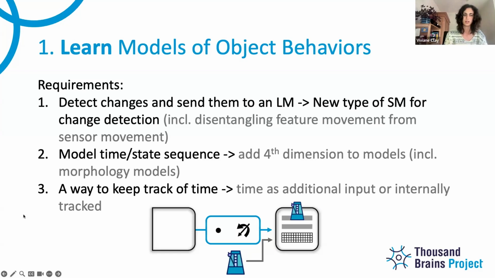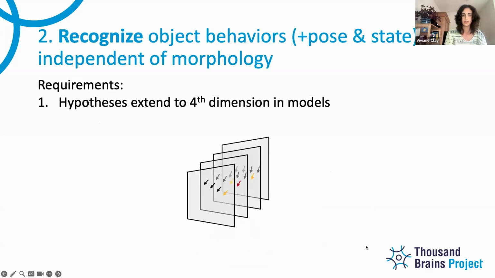And a way to keep track of time should be the last of the 3 requirements to add for Monty to be able to learn models of object behaviors. And then to be able to recognize them, requirement number 1 would be that our hypothesis space also extends into that 4th dimension.